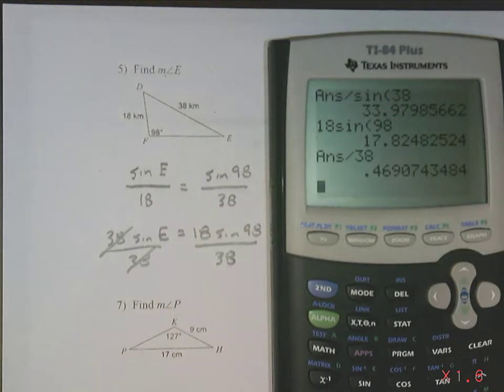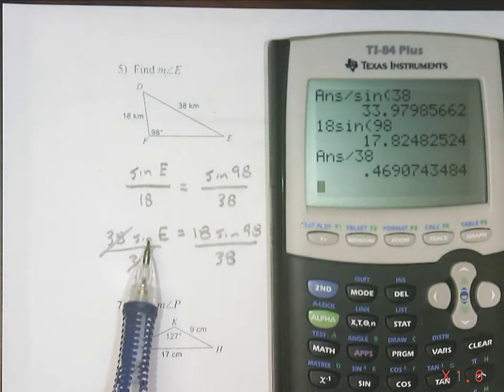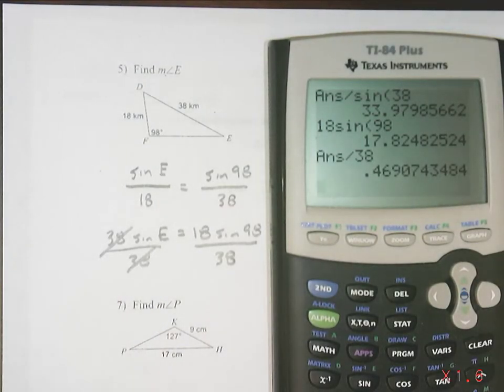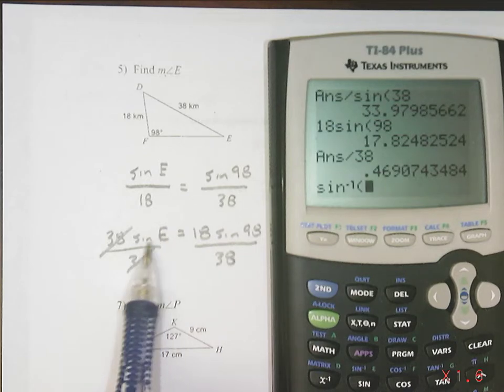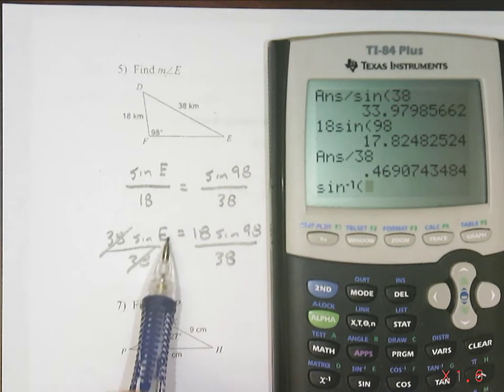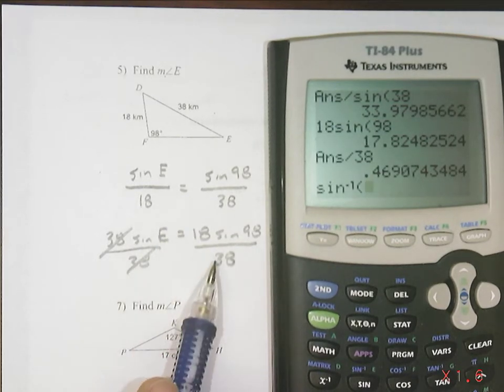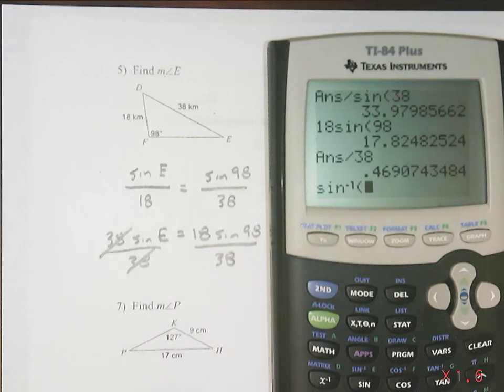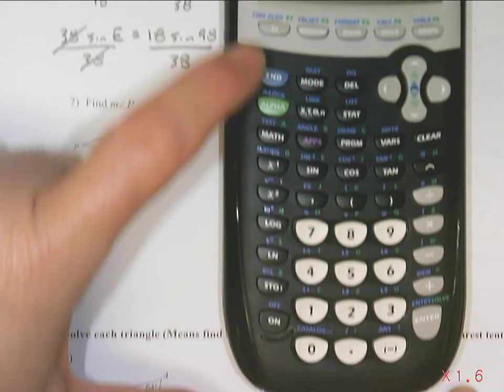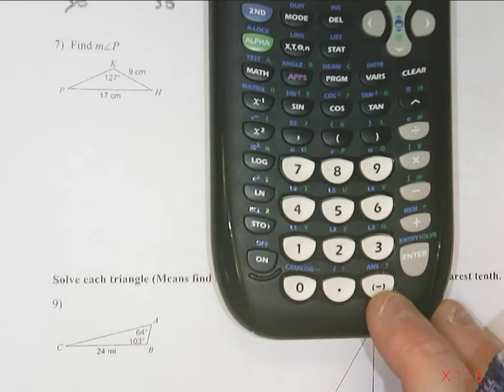That's very common. And now I need to undo the term sine by hitting second sine. That is the inverse sine. I'm going to take the inverse sine of both sides. When you take the inverse sine of the sine, it will cancel it, leaving the angle that you're trying to find. But I do have to take inverse sine of this fraction on the right side. Use the previous answer button, which is going to be the second negative on a graphing calculator.